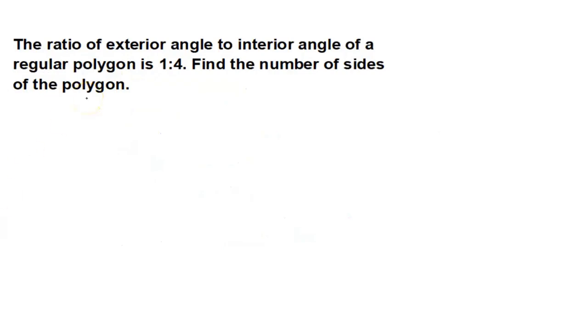Next question. The ratio of the interior angle to the exterior angle of a polygon is 4:1. So if we take the exterior angle as 1x, the interior angle will be 4x. Now find the number of sides of the polygon.